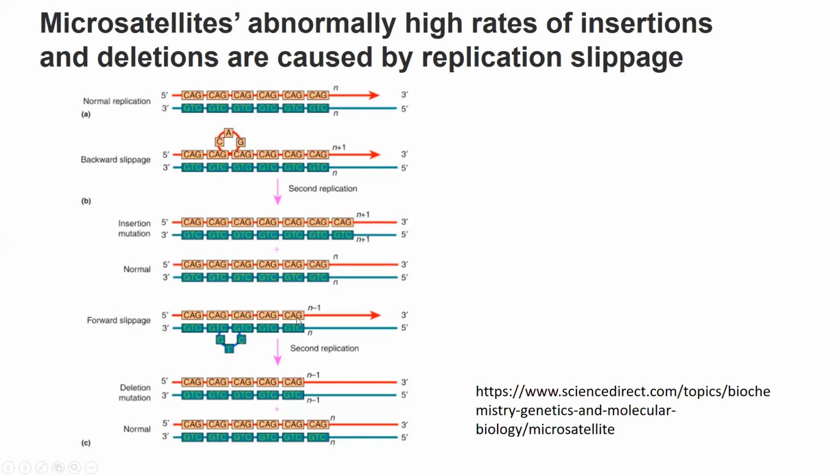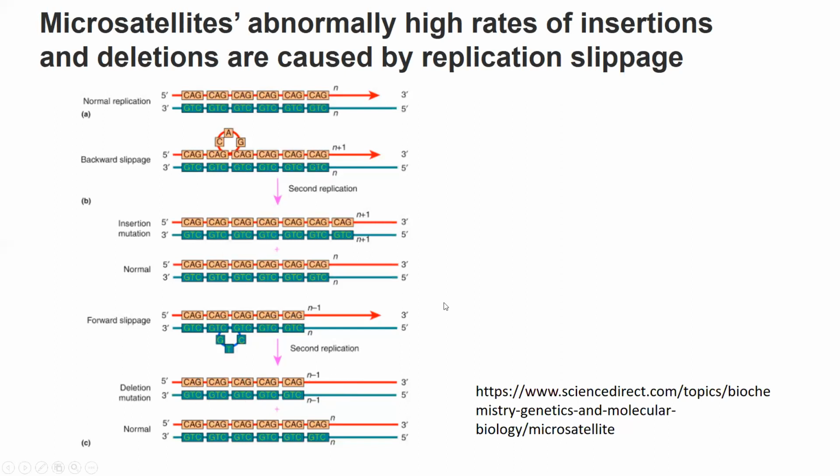Now the newly synthesized sequence misses 1 repeat and has 5 repeats instead. That one can be used as a template to synthesize the complementary sequence, and now you have 5 repeats, so you lose 1.